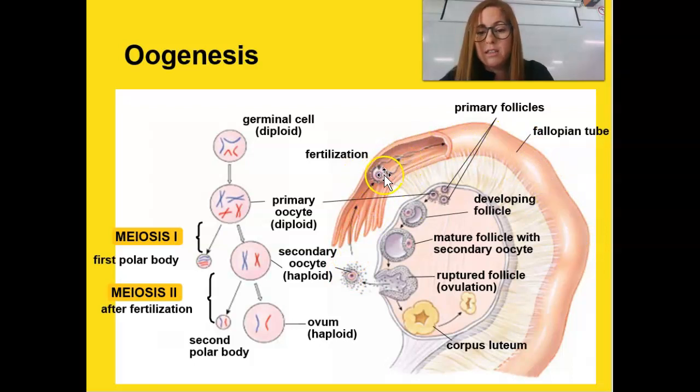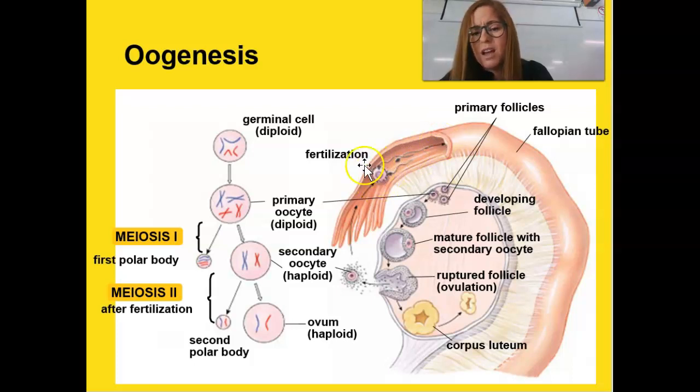If the secondary oocyte is fertilized by the sperm, it will then go through meiosis 2 and produce one ovum, and it already has the sperm DNA inside of it. We won't get into too much more about that, but eventually that becomes a zygote, which is a big cell.